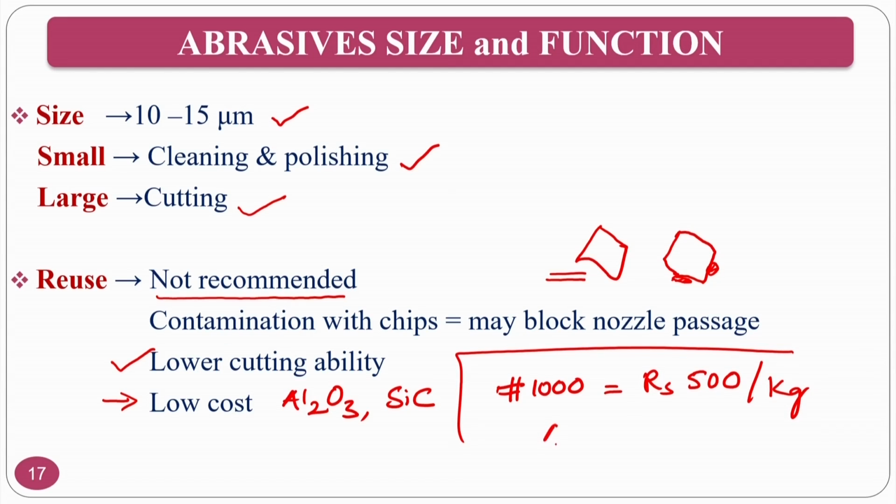Al2O3 or SiC, both you can get in this mesh size within India. Some companies placed in Agra provide this type of abrasive particles.